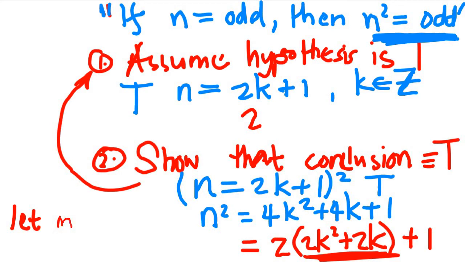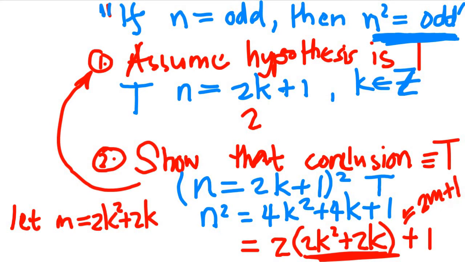So if we let m be 2k squared plus 2k, then this will be 2m plus 1, where m is of course an integer. That is by closure property.